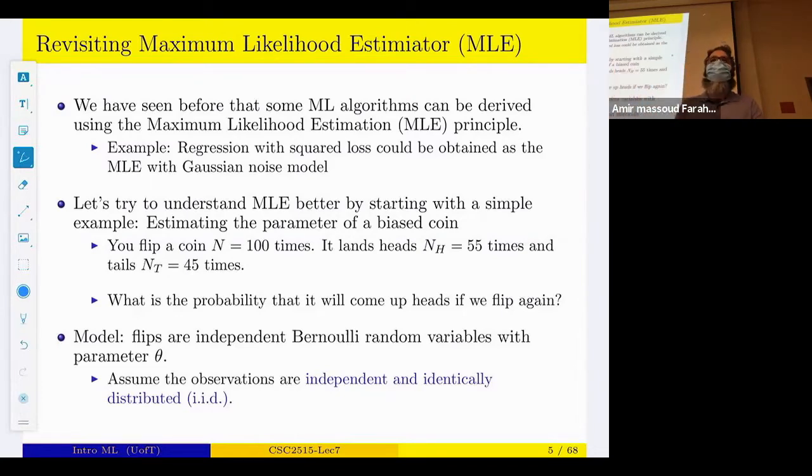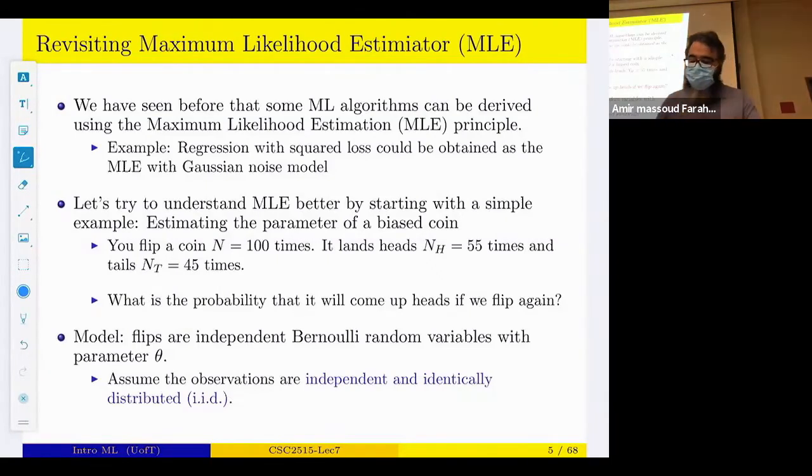Do you recall that? We had a similar thing for classification, where with a specific model we got cross entropy loss.